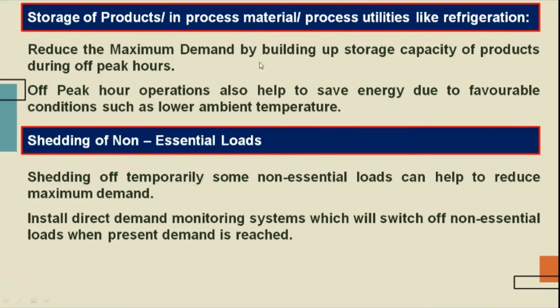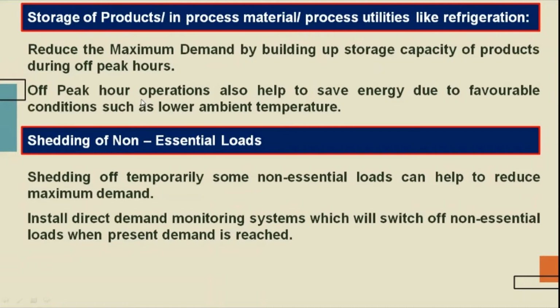At that time, we can build up the storage capacity of products, like in refrigeration. If the products are stored in the refrigeration chamber in the part of the day when the electricity is charged less by the utilities, that will help us to reduce our consumption.